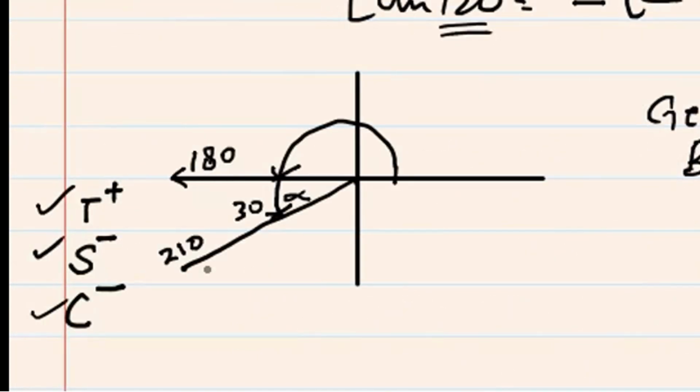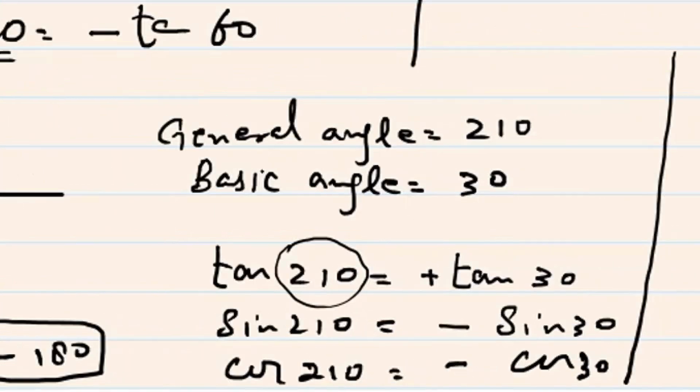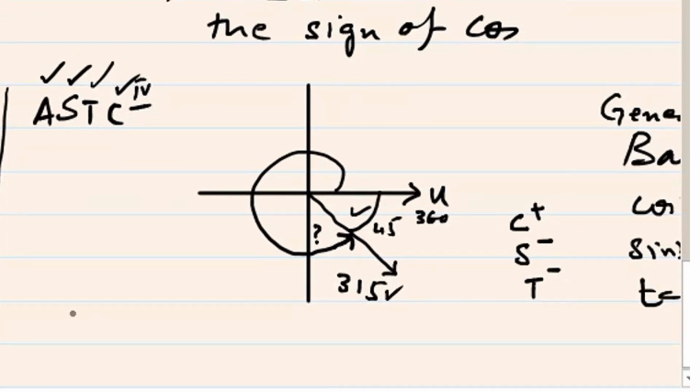Whenever you have any general angle, the basic angle would be found like this. General angle minus 180 when it is in the third quadrant. When it is in the fourth quadrant, alpha is the basic angle and you'll subtract: 360 minus general angle.